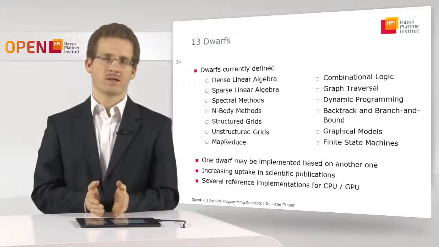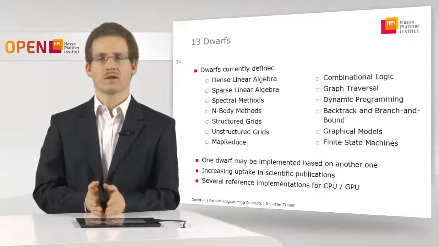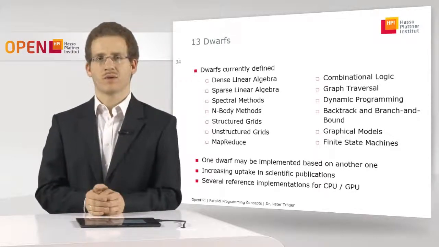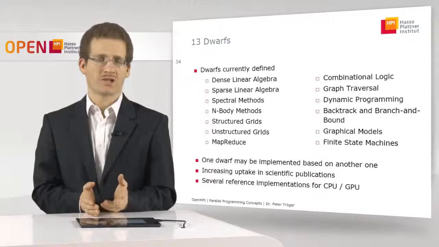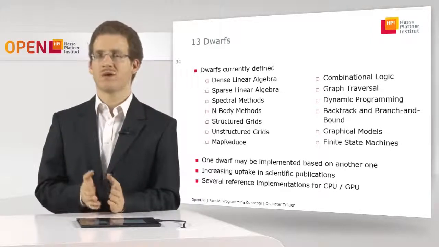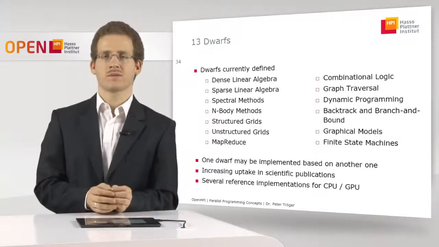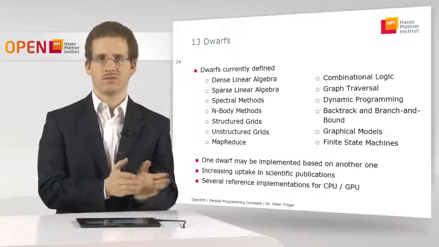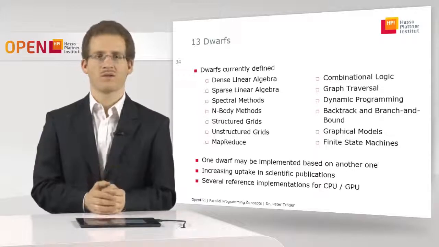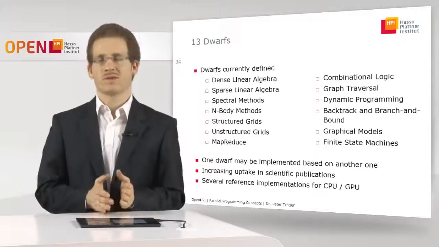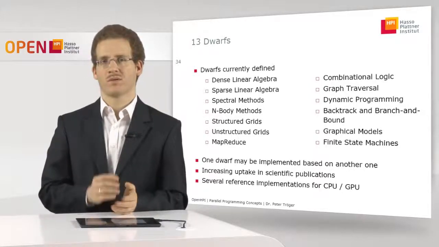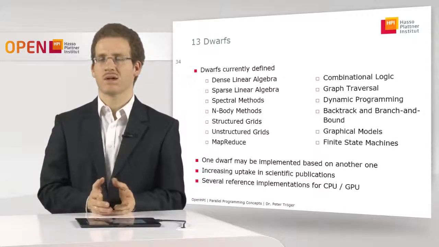This led to the fact that in scientific literature and in publications, there was a comparatively large uptake of this idea. So you can meanwhile find a lot of conference papers that relate to the dwarf concept and say our solution is aiming at this or that dwarf. And we meanwhile also see reference implementations of these problems for CPUs, GPUs, and other kinds of hardware.